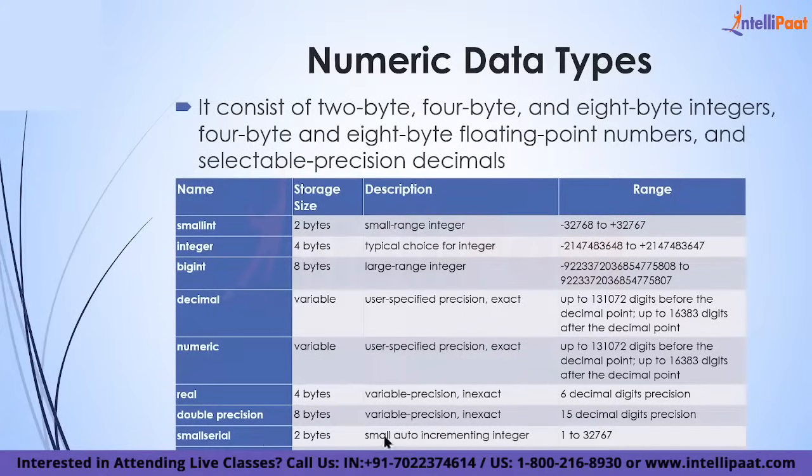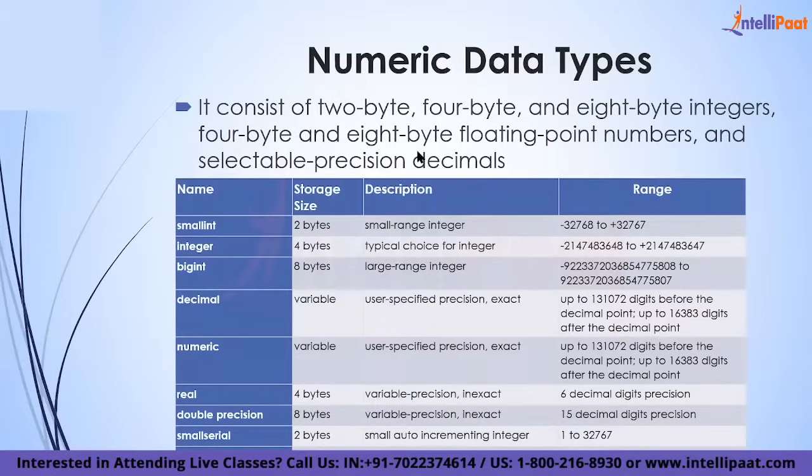If your requirement fits in smallserial, don't go with bigserial. Go with smallserial only, because the storage size will always be more, right? And these are the decimal values. You can use all these data types for decimal. I think you might have already used these.